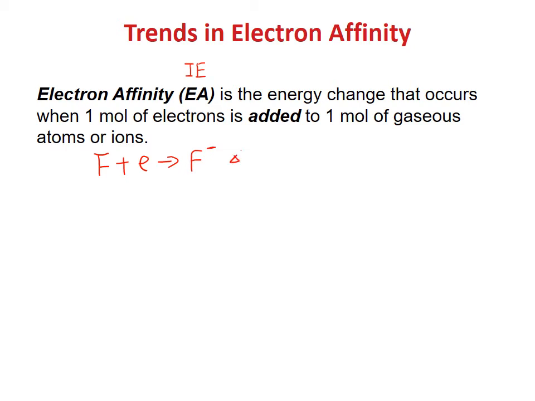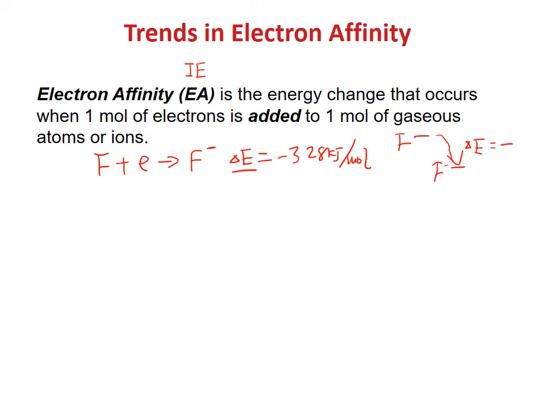So the energy change, this change is called electron affinity, and in this case it is negative 328 kilojoules per mole. So if this is fluorine and this is fluoride, the energy decreases, which gives you a negative change.